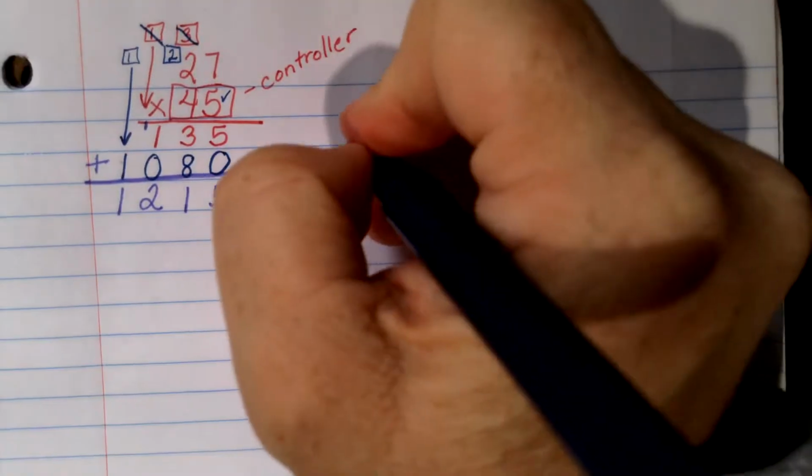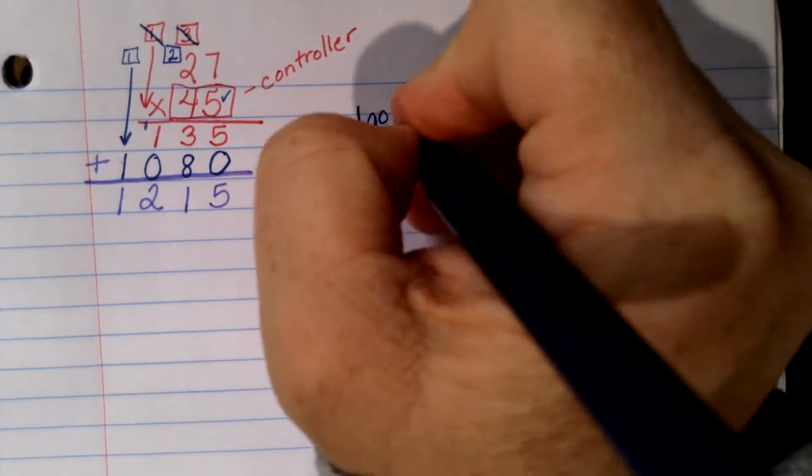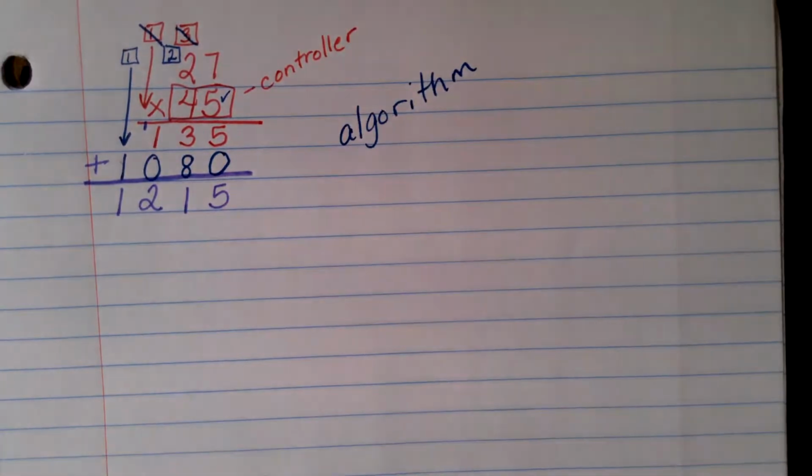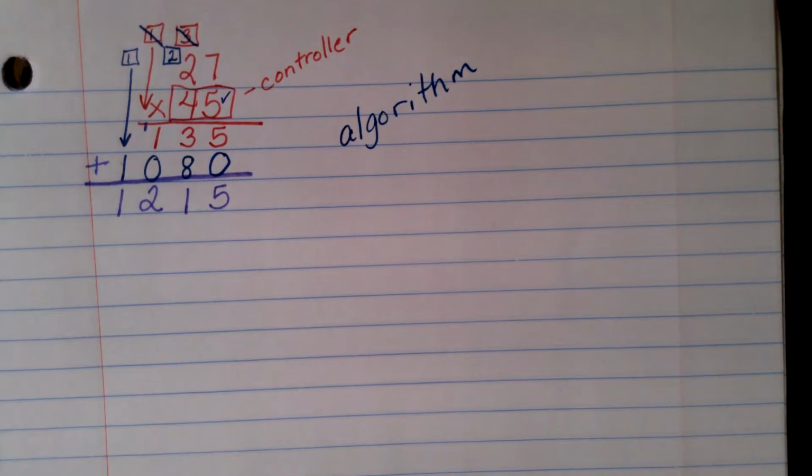So did we get the same answer, 1,215? Let's see. We did get the same answer. It was 1,215. This is what's called the algorithm for the problem. Okay, so we used the break apart method and we used the algorithm. And I'm going to stop the video here and I'll show you another method in just a moment.